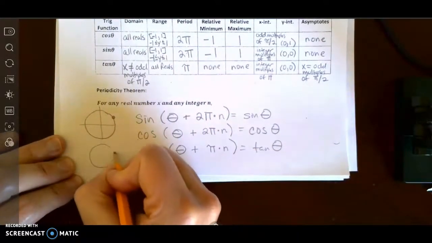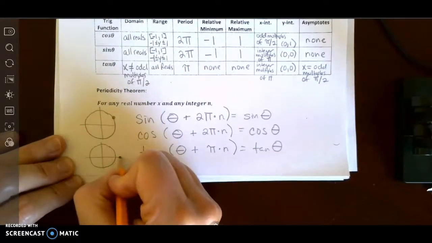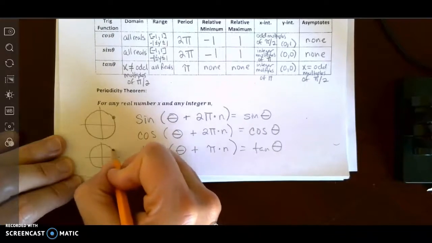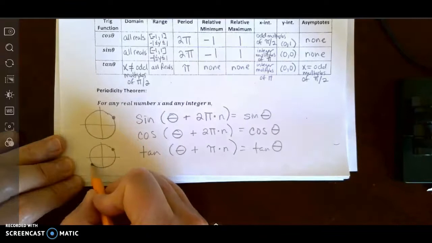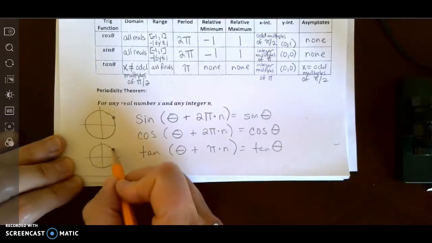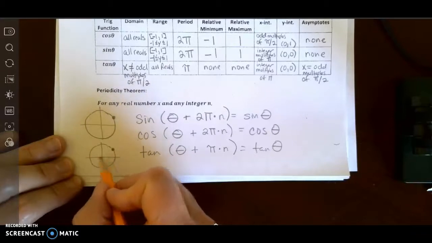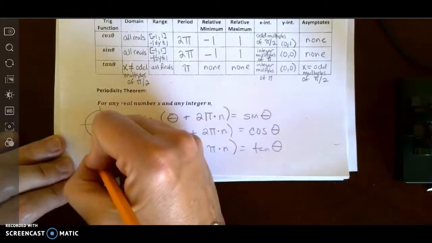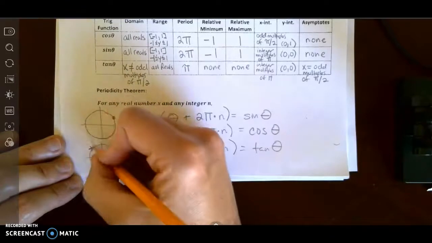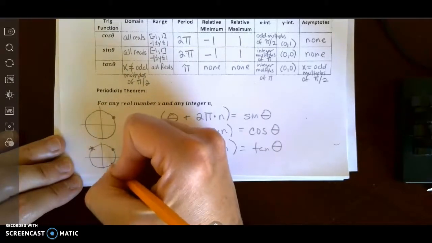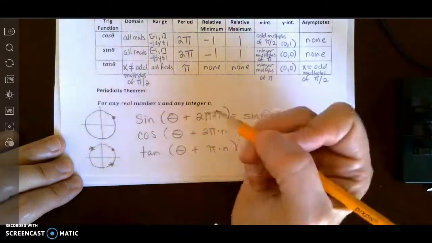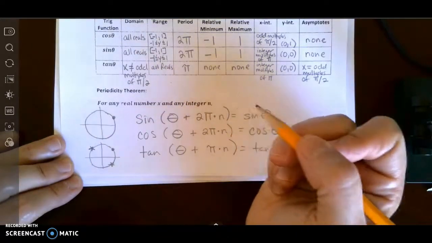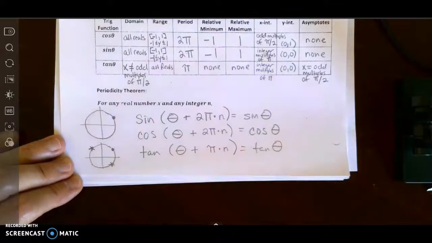So with tangent of theta, if I'm right here and I want the same tangent, I only have to go halfway around the circle, and then it will repeat. Because you know tangent's positive here and it's positive here. If I started here, where it's negative, and I go halfway around right here, it's also going to be negative. So it repeats every pi as opposed to every 2 pi.